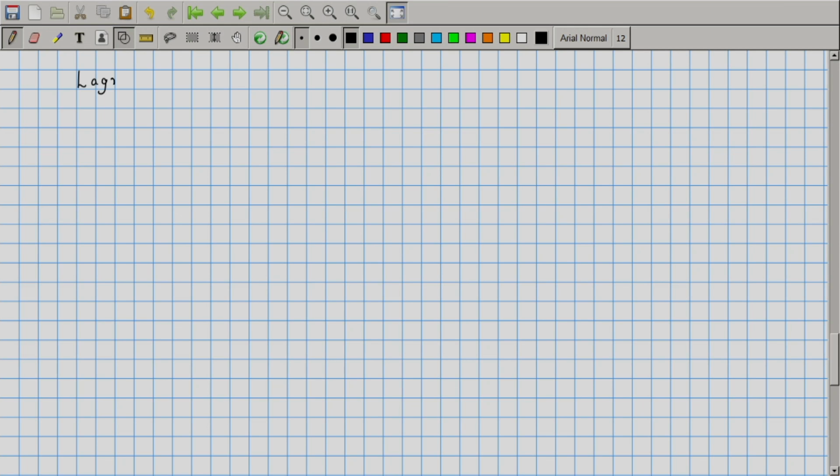The next theorem that we will use is called Lagrange's Theorem. Okay, so this states that, suppose this is a group and let us say this is a subgroup. A subgroup, you need to define what is a subgroup.